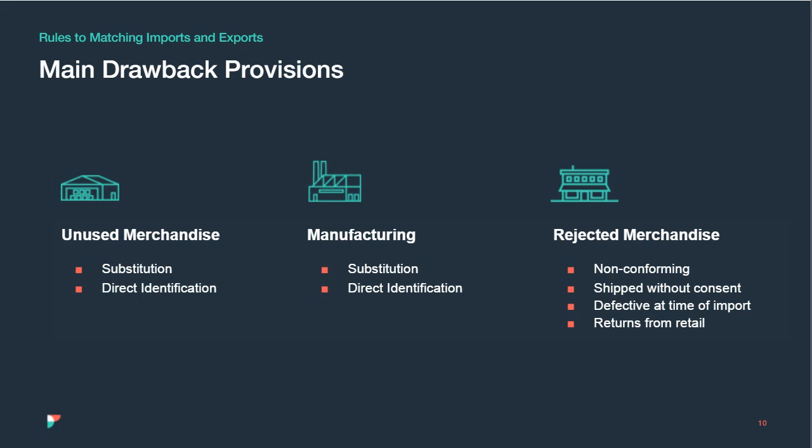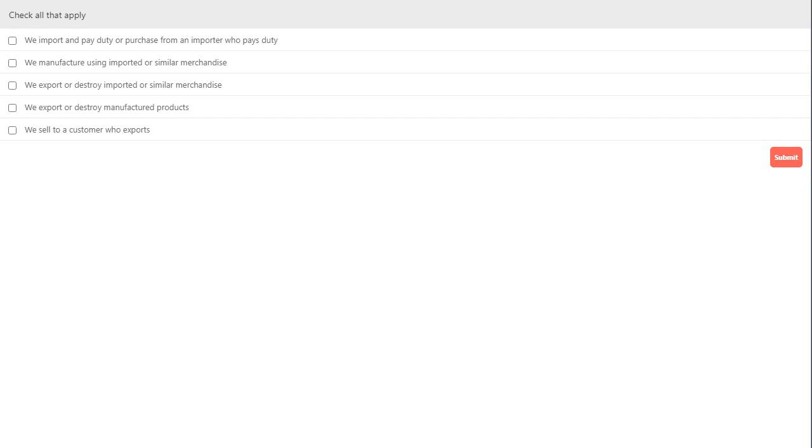With that, I have another poll. There are a couple of questions, so you can check any of these. If you import and pay duty or purchase from an importer who pays duty, this is an area where third parties might be importing, and you might still have the opportunity to claim drawback.